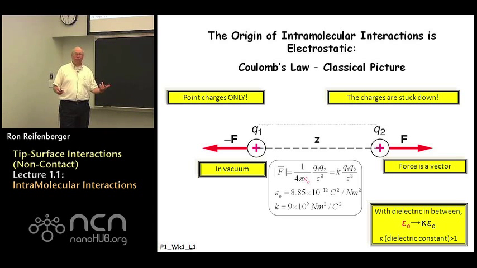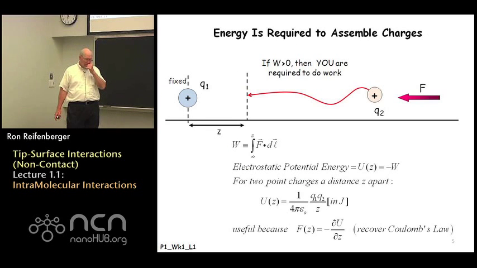So that's also something that has to be taken into account when we discuss the interaction between point charges. Fundamentally, this is the classical picture of electrostatic interactions, and it's going to form the basis of our discussion throughout the first week of this course.